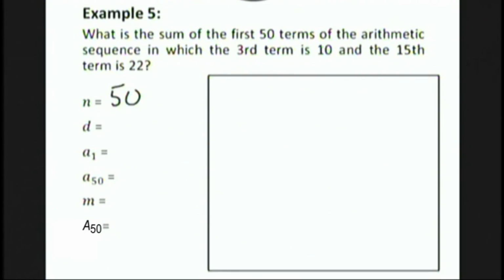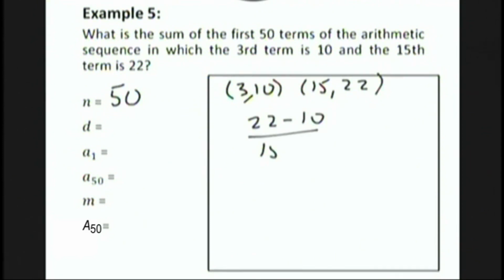To get the common difference, we're going to use the 2 points 3, 10 and 15, 22 and compute the slope of the line passing through those 2 points. And we get that the common difference is 1.